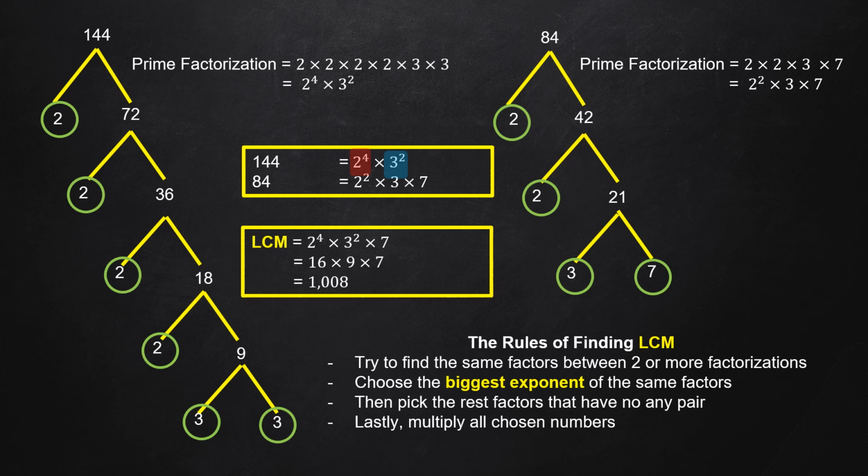And then you find the result: 2 to the power 4 is 16, and 3 squared is 9, and 7. Just multiply all these numbers and the result is 1008. The LCM of 144 and 84 is 1008. So this one is the example of LCM using larger numbers.